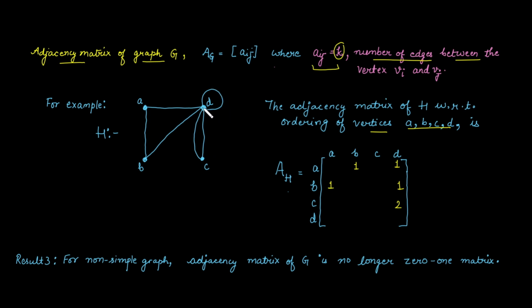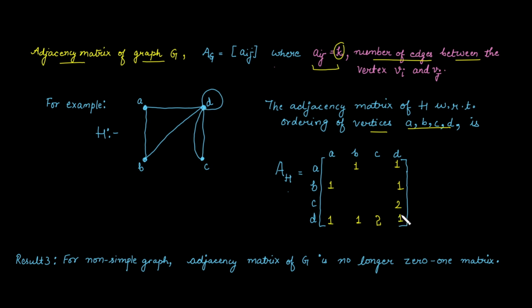Now there is a change over this third column: the entry will be 2, because there are 2 edges between the vertices C and D, and the rest of the entries are 1. Note that in this case the self loop is counted as one edge.